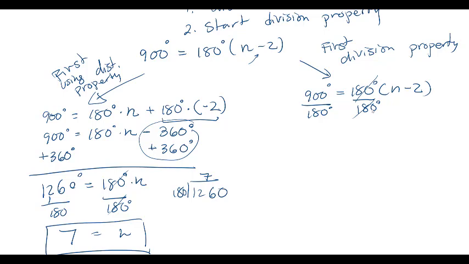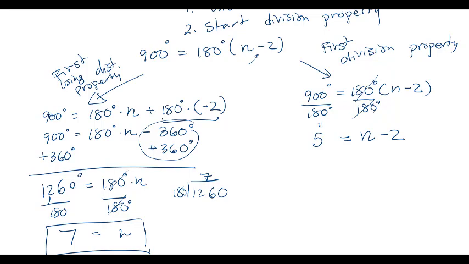The 180s cancel because they're the same in the denominator and numerator, and 900 divided by 180 is just equal to 5. So we have 5 equals n minus 2.